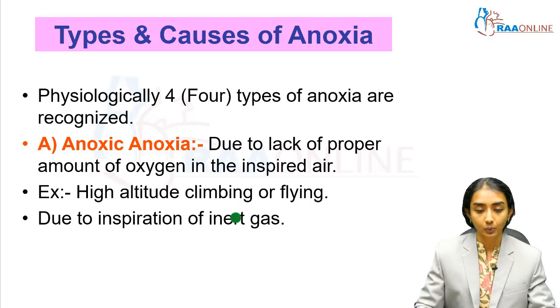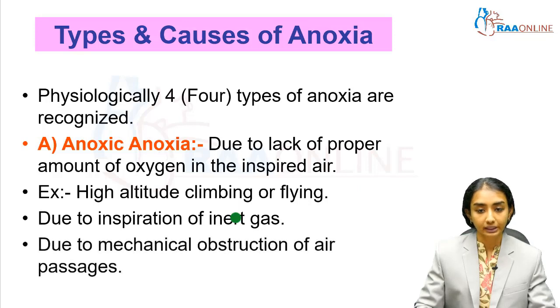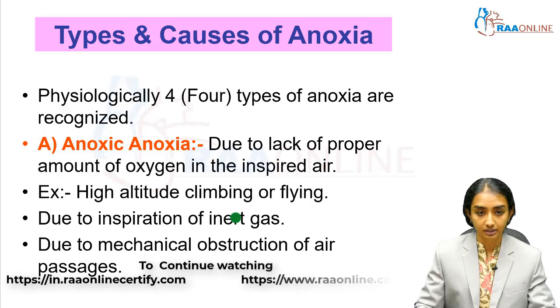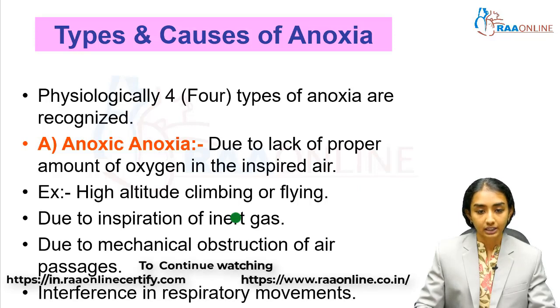Inert gases are like when the air is combined with gases such as methane or hydrogen sulfide, which will combine with the oxygen in the environmental air and prevent that from being absorbed in your blood. Last is due to mechanical obstruction of the air passages like we've already seen in the earlier slide. And finally, it is because of interference in the respiratory movements, which is also called as mechanical asphyxia.